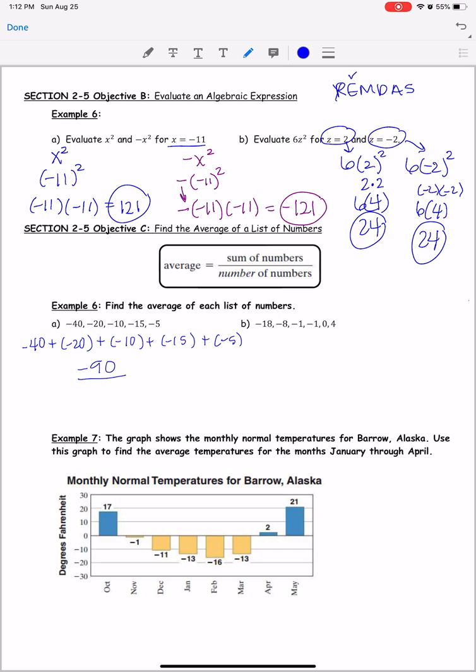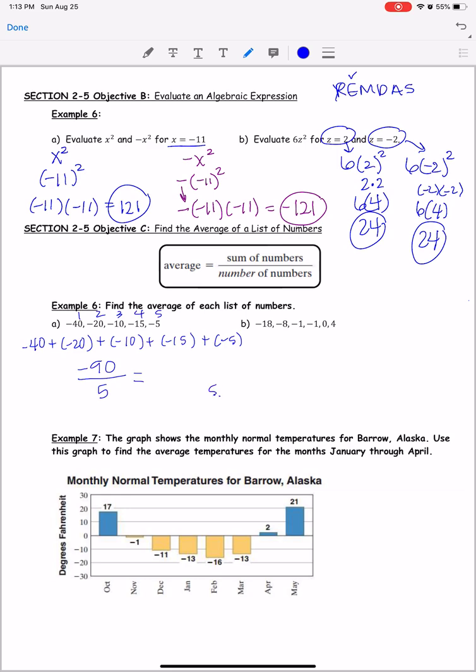So now I have to divide this by the number of numbers that we have. We have 1, 2, 3, 4, 5. So I'm dividing this by 5. Over here, let's bring this down a little bit.